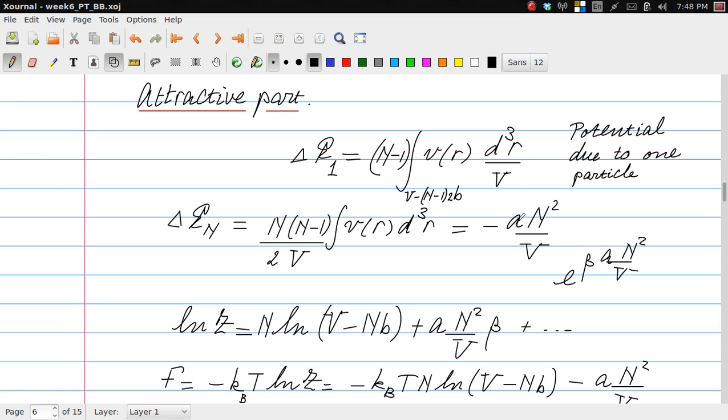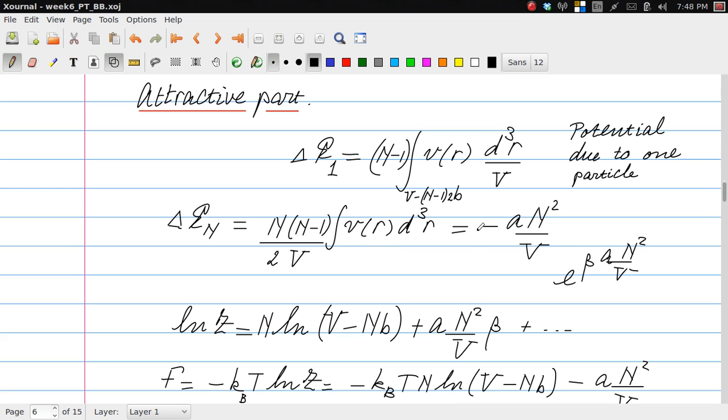And if we calculate the energy contribution due to the attraction from all the other particles, then we should first of all multiply this term, which was calculated for a single particle, by N, and we have to divide by 2 because we should not count all the pairs double. We call it minus a because it's a negative contribution.